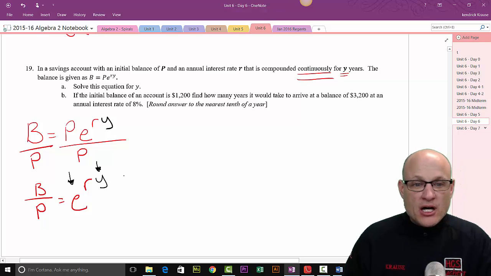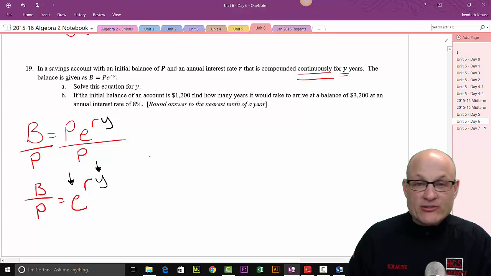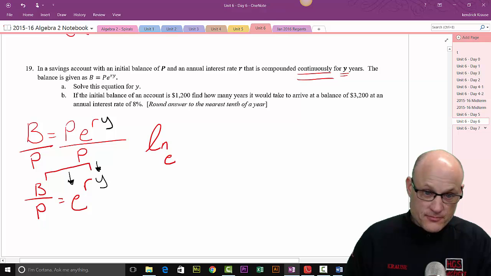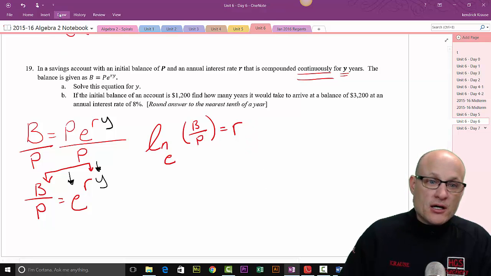when I have an exponential function is to use logarithms. Now, this is the special case with e. I have to use natural logarithms. So I'm going to take the natural log of both sides. It's all about the base. So natural log of e, and these two cancel, of B over P is equal to r y.